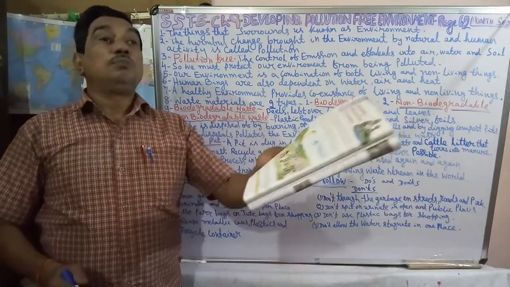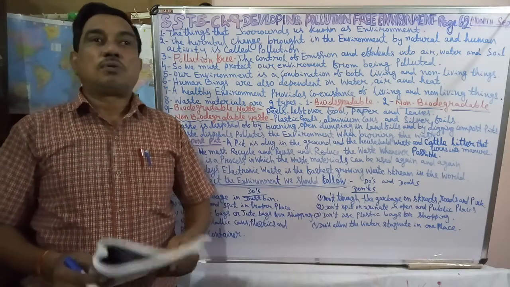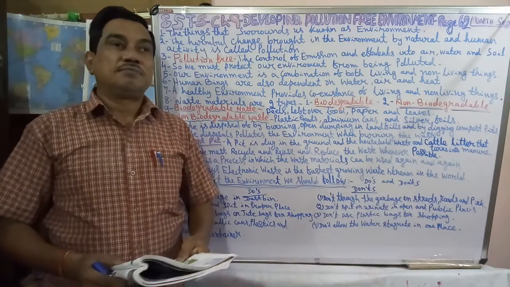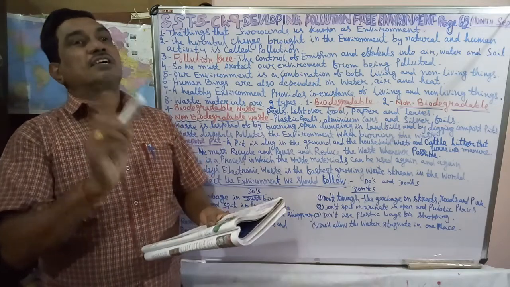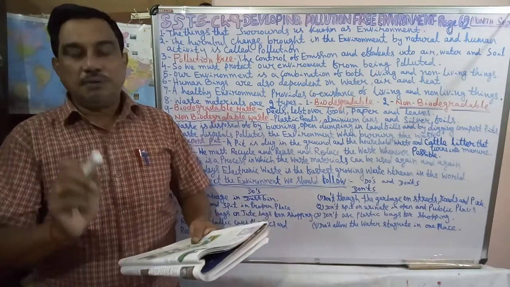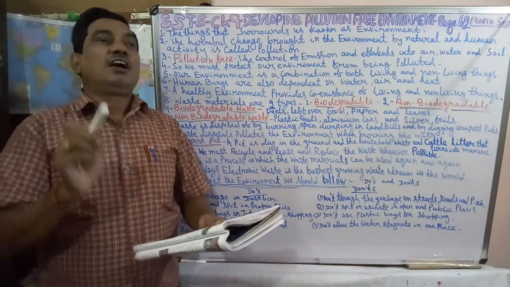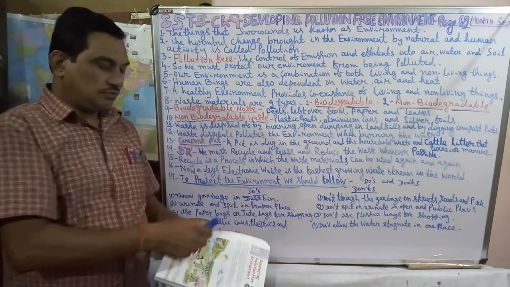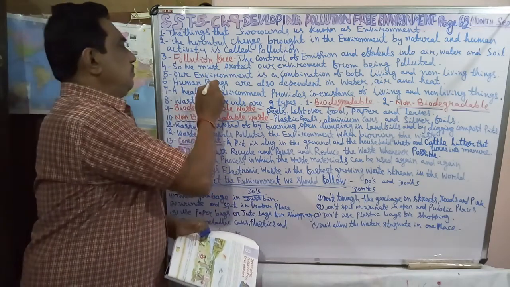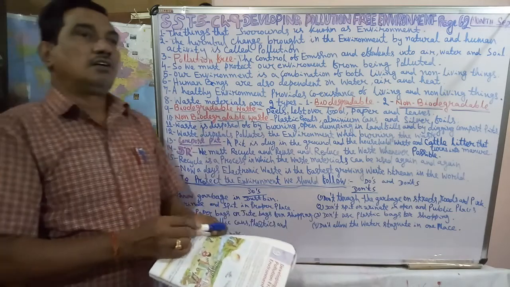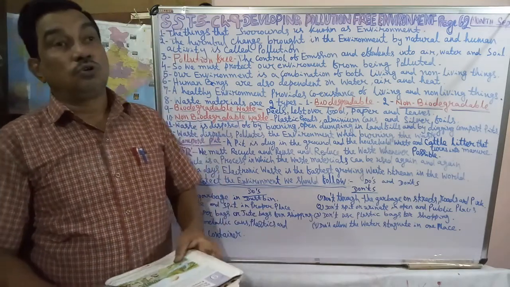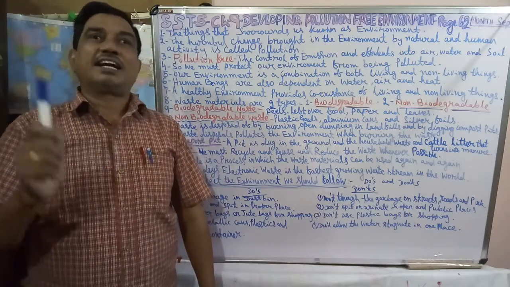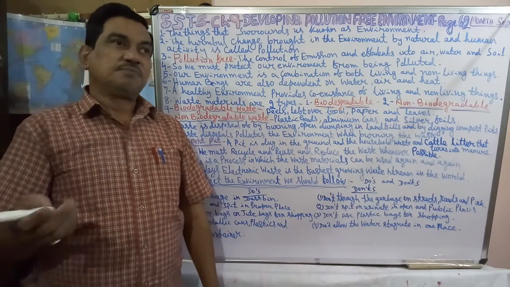So we must protect our environment from being polluted. Our environment is a combination of both living and non-living things, and human beings are also dependent on water, air, heat and light.